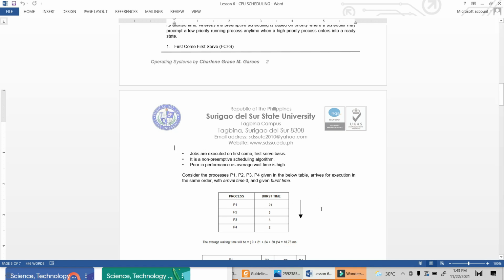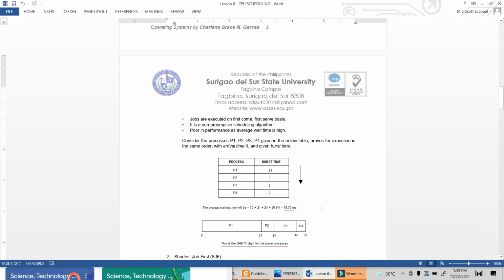So let's consider this figure. This is what is called a Gantt chart for the above process, and this is the average time. If you can see this, we have process 1, process 2, process 3, and process 4 in the given table below. And then each process has its burst time.